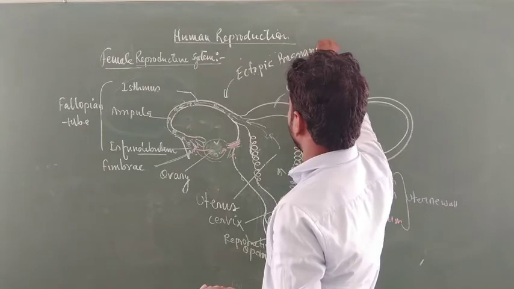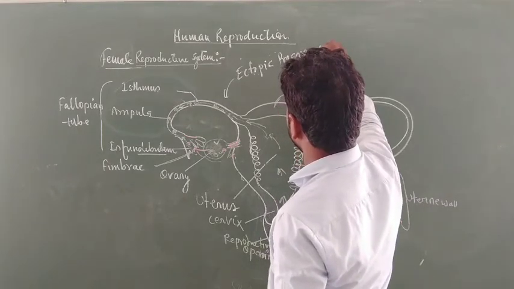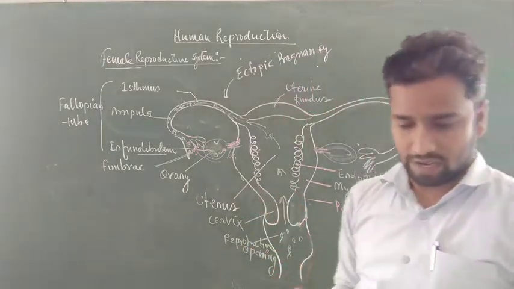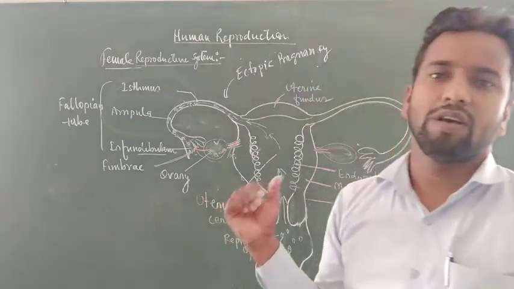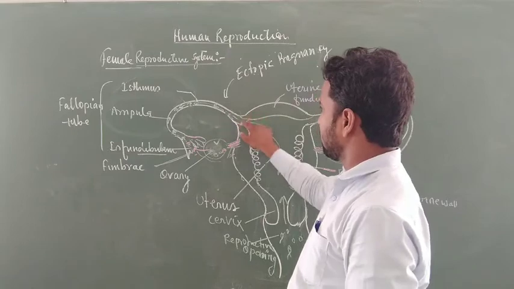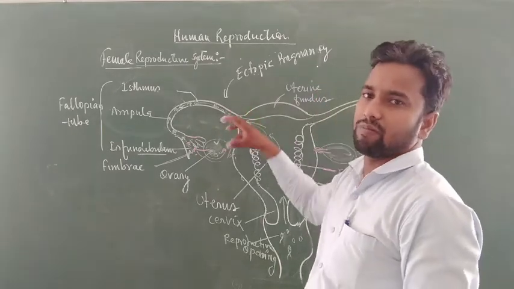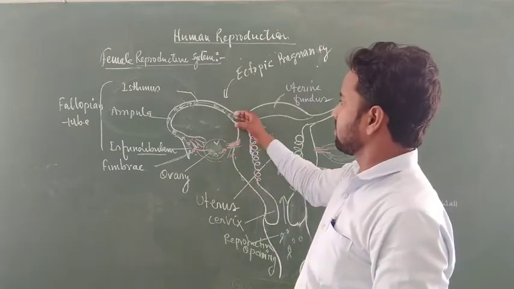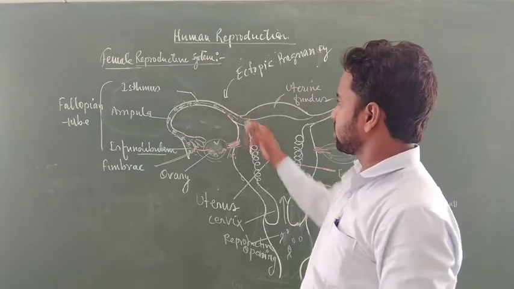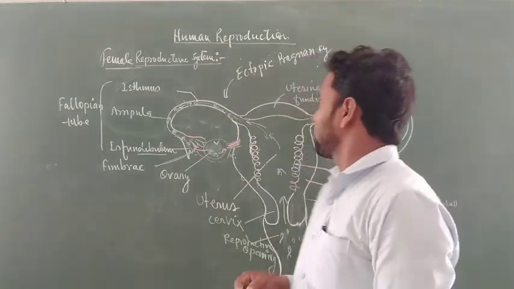This is an abnormal and very rare phenomenon. When the fertilized zygote implants into the fallopian tube, it results in many disadvantages: the fallopian tube is blocked, and as the size of the fetus increases it puts pressure on the fallopian tube, which can be fatal for both mother and fetus.